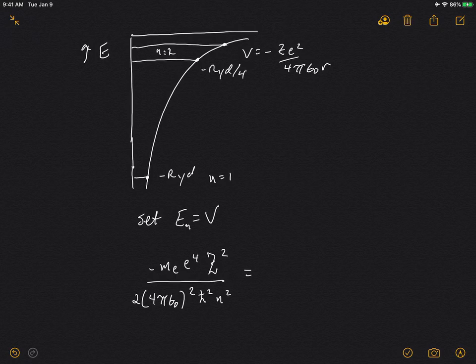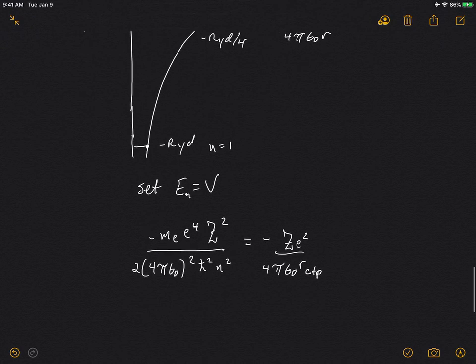So that's our energy levels, and it's negative, and then this is also negative, minus Z e squared over 4 pi epsilon naught r. And of course, it's not just r, this is r at the classical turning point, right? Because we expect these two quantities to be equal at the classical turning point. So we're going to substitute r_ctp. We're going to plug that in for r.